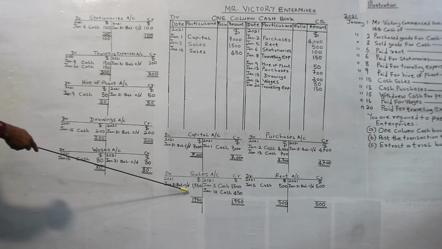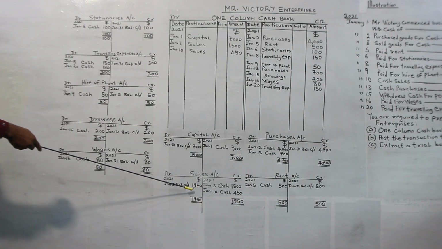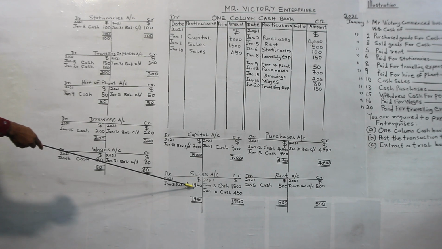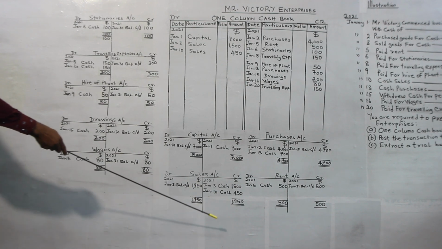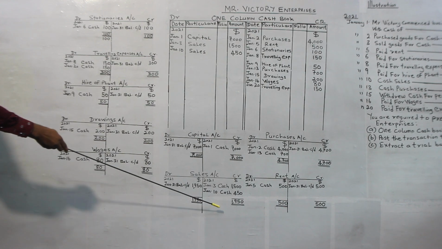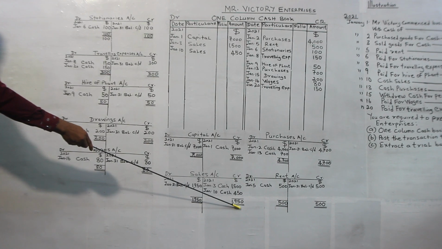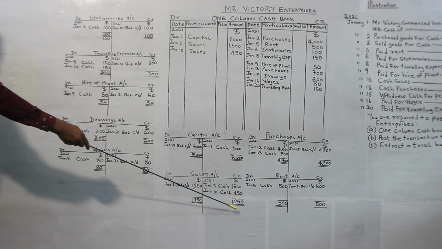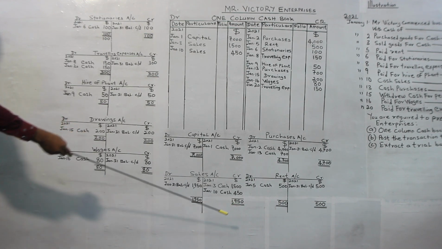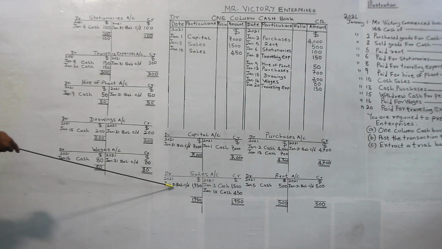So, showing that the total amount sold is 1,950 at the end of the period. Now, to establish the balance brought down, this 1,950 will be brought to the credit side, just under the same figure. Not here, but under here, 1,950, and it becomes balance brought down, which becomes the opening balance for February 1st, since this accounting period ended January 31st.